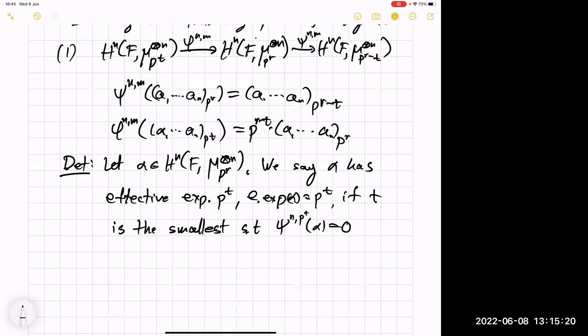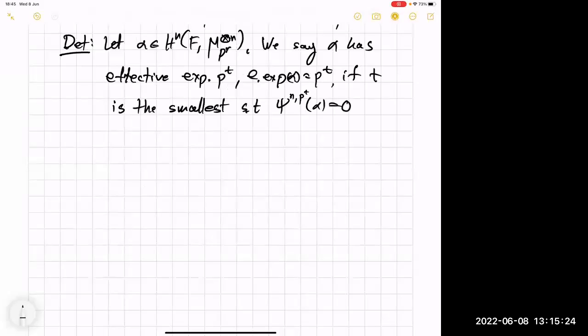So what is the symbol length question? Definition, or maybe question. It just says the following.